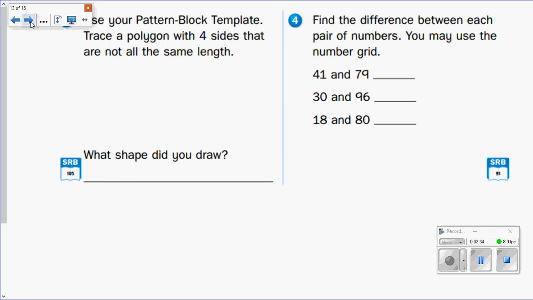All right, number 3. Okay, you're to use your pattern blocks. Well, of course, if you're at home, you probably don't have your pattern blocks. So go ahead and see if you can figure out polygons that have 4 sides that are not the same length. So we want a polygon. We want it to have 4 sides, and we want them to not all have the same length.